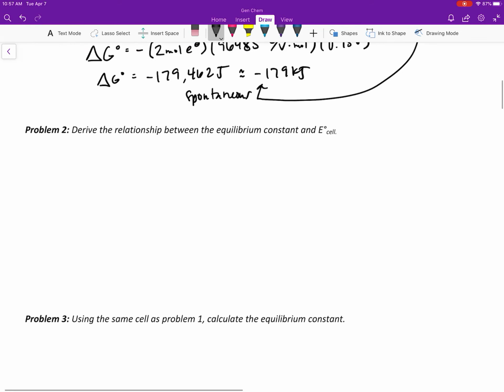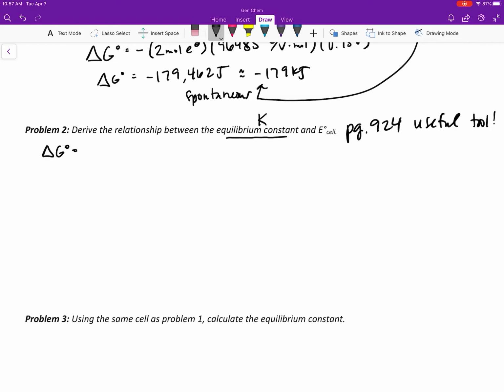Okay? All right, so then this says to derive the relationship between the equilibrium constant, which is K, and E cell naught. So to do that, I made a note right here that on page 924, there is a useful tool.